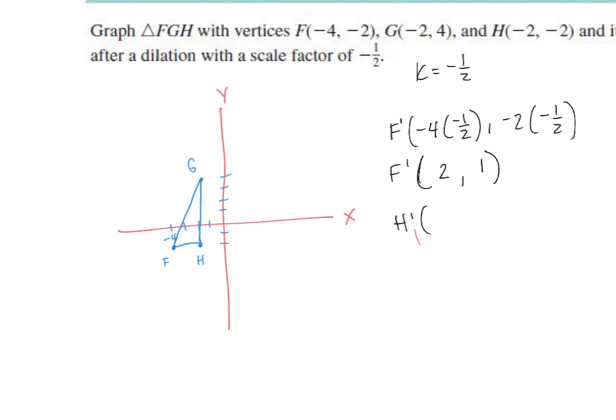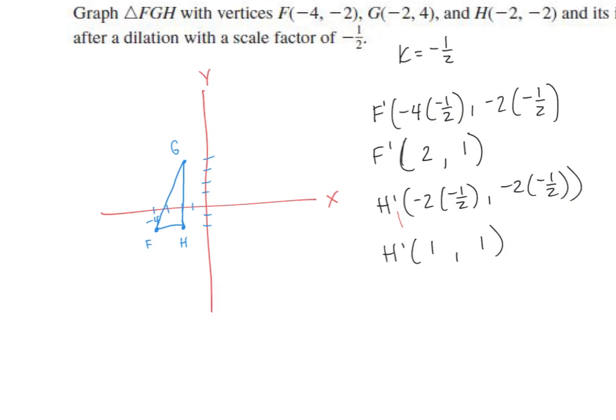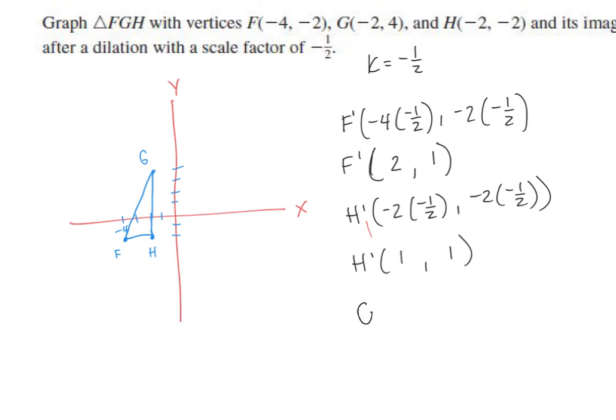H prime is going to be -2 times -1/2, comma, -2 times -1/2. H prime is going to be +1, +1. And I skipped G. So G prime is going to be -2 times -1/2, comma, 4 times -1/2. In this case, G prime is going to be +1, -2.